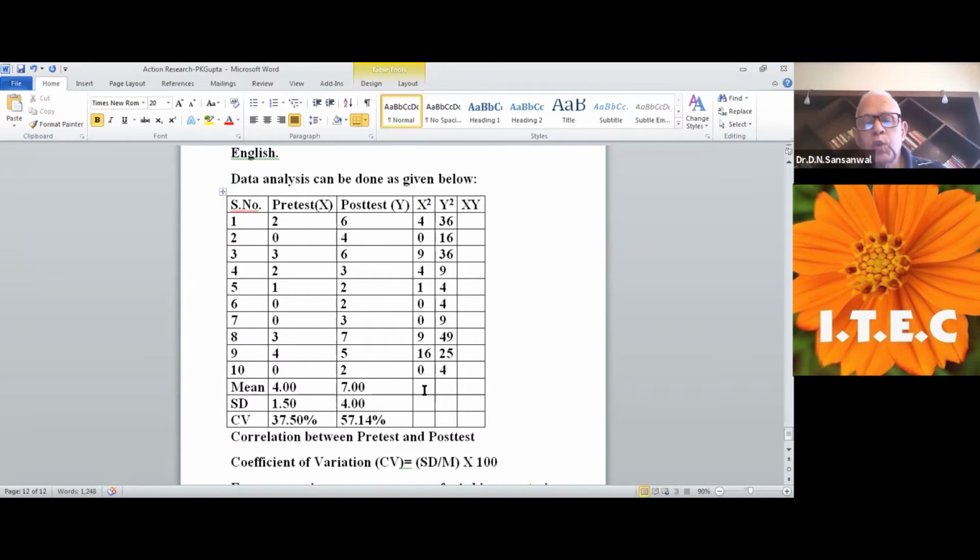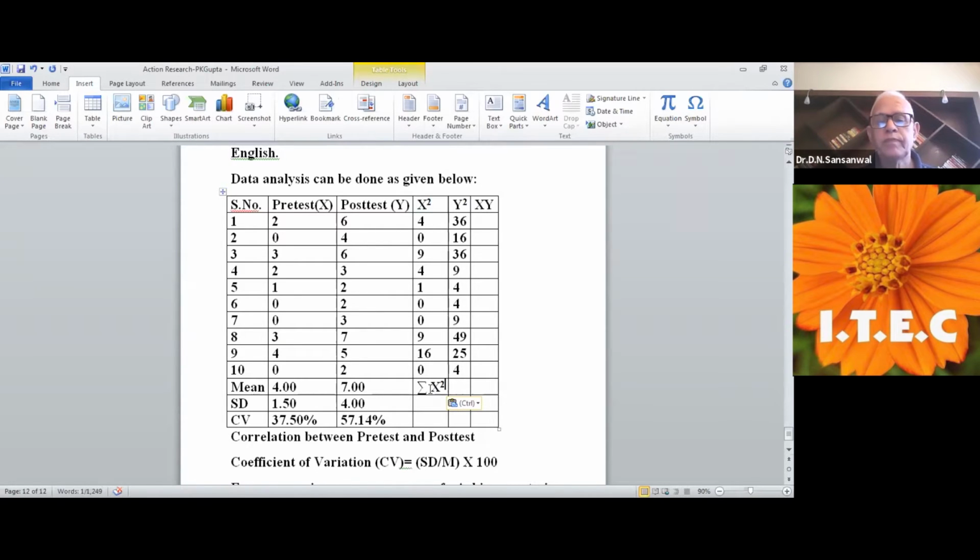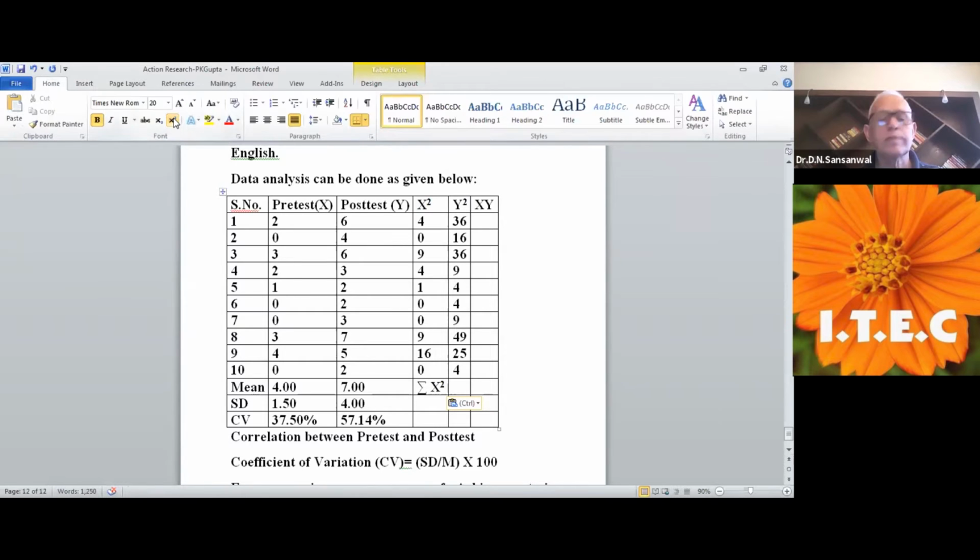Now you can find the total x square. So 4 plus 9, 13, and 4, 17, and 1, 18, and 9 is 27 and 16, 43. So this will be 43.